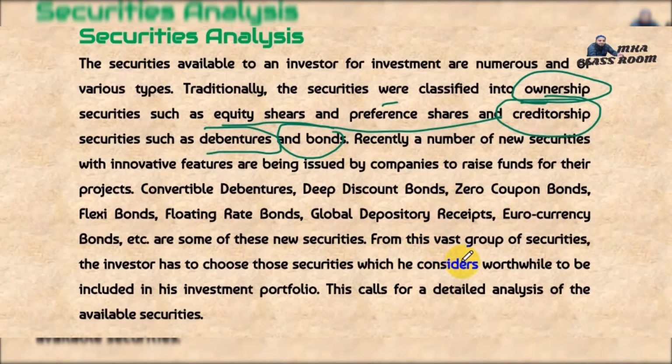From this vast group of securities, the investor has to choose those which he or she considers worthwhile to be included in his investment portfolio. This calls for a detailed analysis of the available securities.